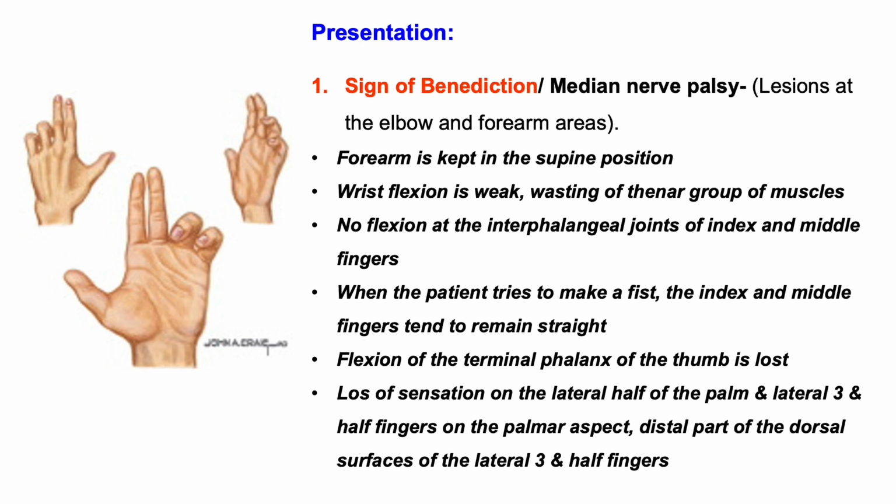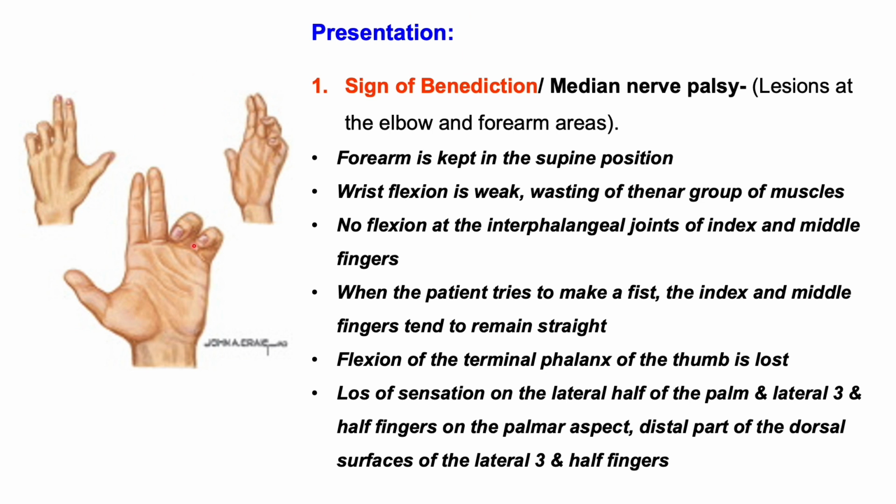Whenever the median nerve is affected, for example if it is severed in the elbow region, either due to supracondylar fracture or any injury near the elbow joint, this will mainly affect the proximal interphalangeal joints of the first, second and third digits.